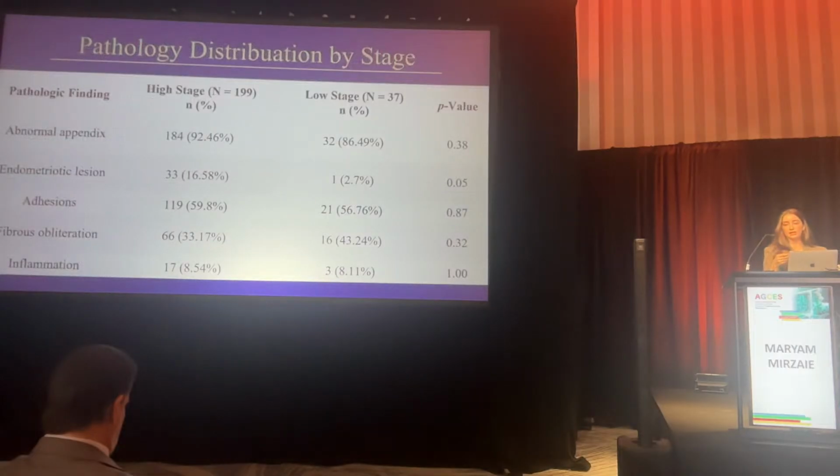When we analyzed this pathology with the endometriosis stage, we did not find any significance between high and low stages. However, there was a near significant association between classic endometriosis at the appendix and more severe cases, so stage 3, stage 4. This suggests that involvement of the appendix could be more common in more severe cases.